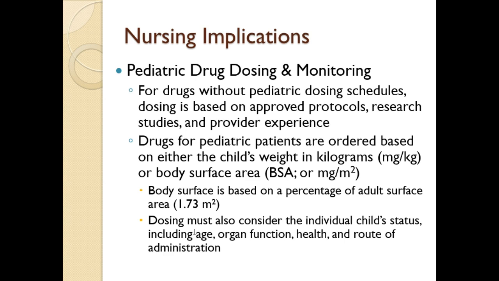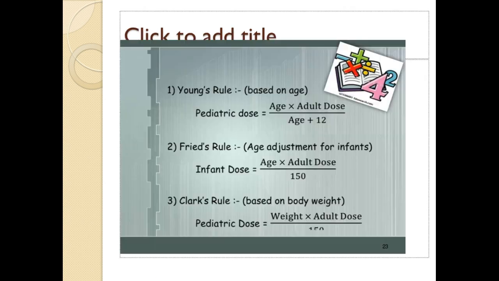And most of the time, pediatric calculations will be based on the child's weight in kilograms or body surface area. Here are some samples of formulas for pediatric dosing, but we're not going to talk about that. You're going to cover that in your modules.